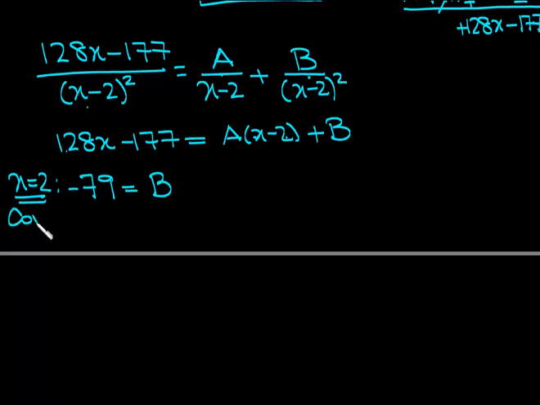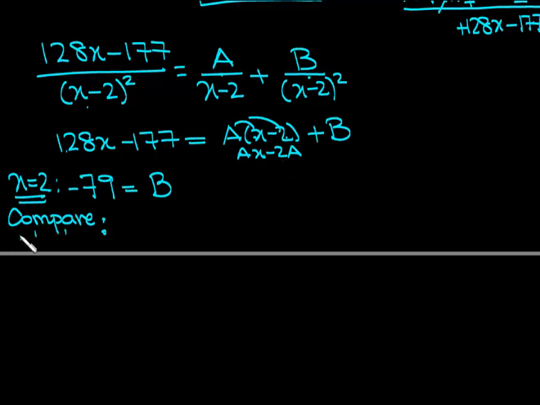So we want to compare terms. So let's compare. What are we looking for? A. If I distribute this, I get what? Ax minus 2A. So I'm going to compare the x term because A is associated with x. Okay. You can also compare the, let's do the constant term.